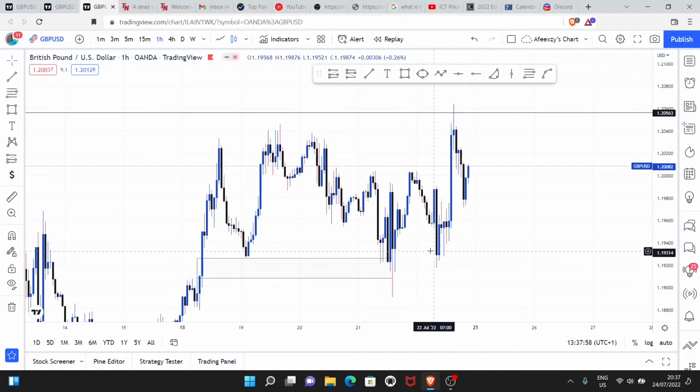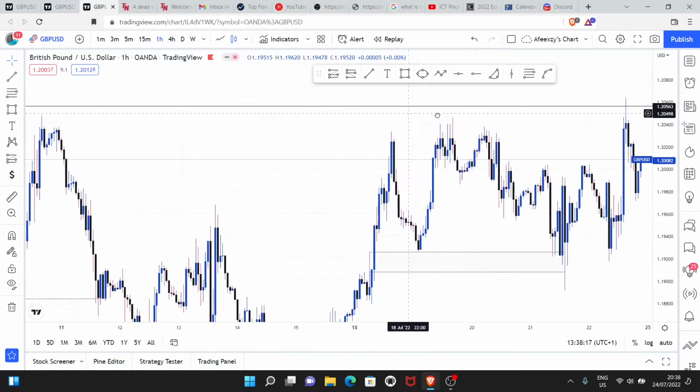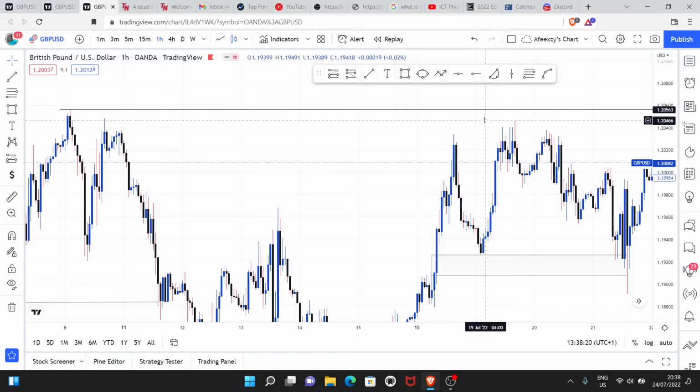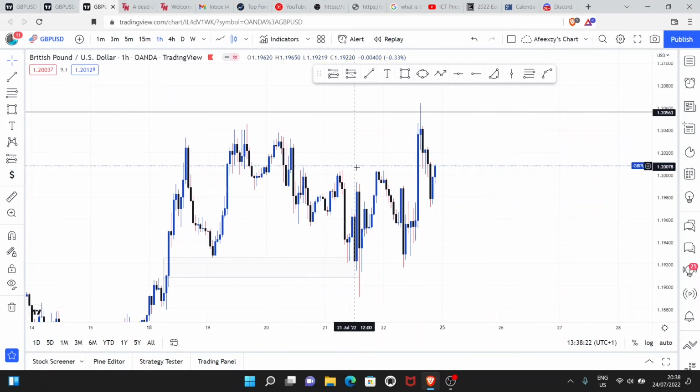It had a very nice reaction from here, and there was a structure change here on the 1 hour time frame. Then it cleared this equal high, relative equal highs here, and we had a very nice reaction from there. I shorted it from there.